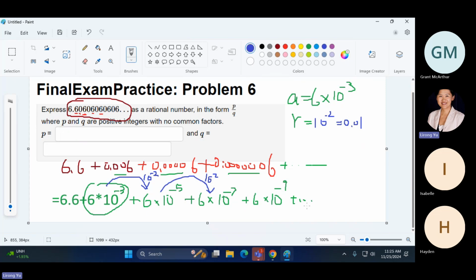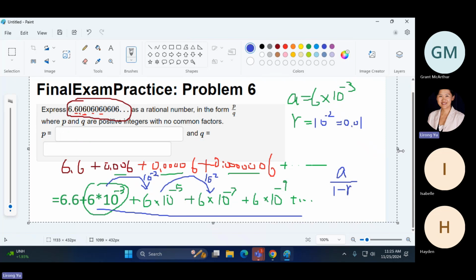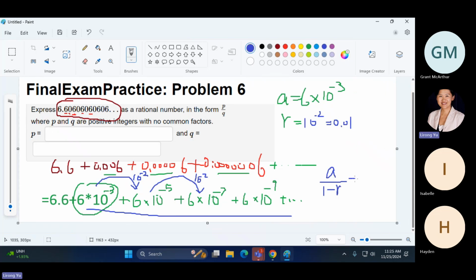So we're able to determine the summation of this entire thing. For a geometric series, that will be the initial term over 1 minus r. A would be 6 times 10 to the negative 3, and r is 0.01, so it's 1 minus 0.01.